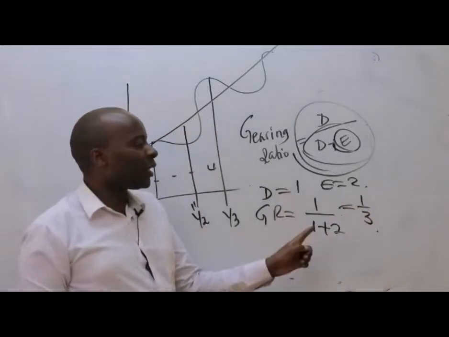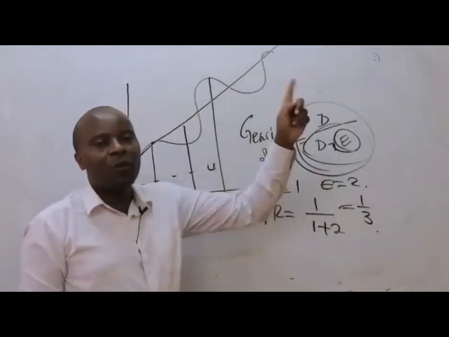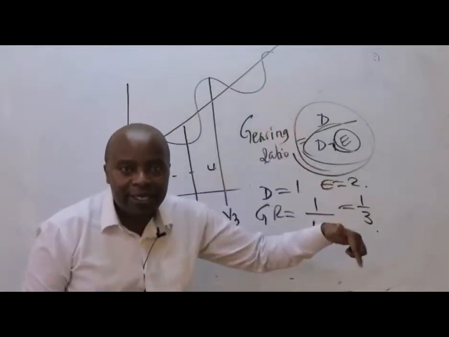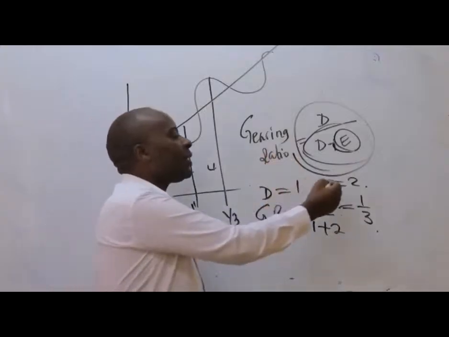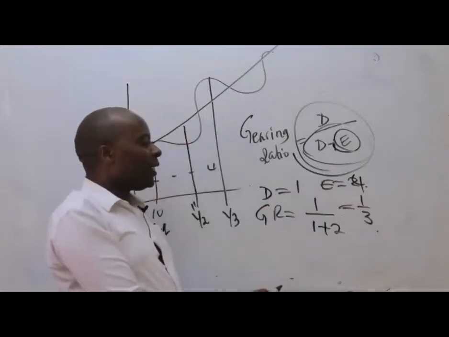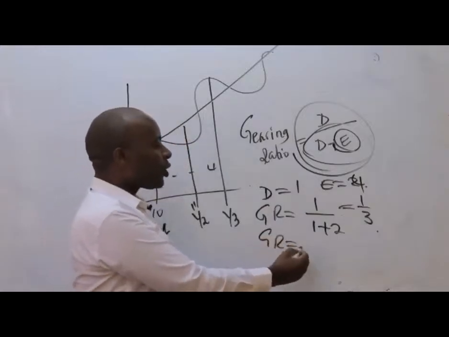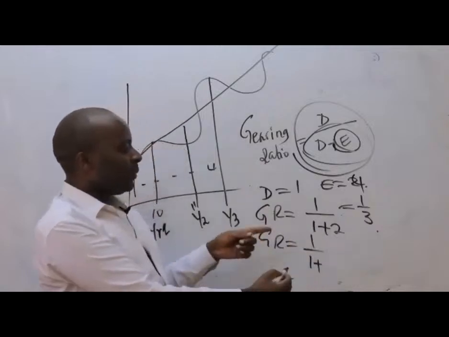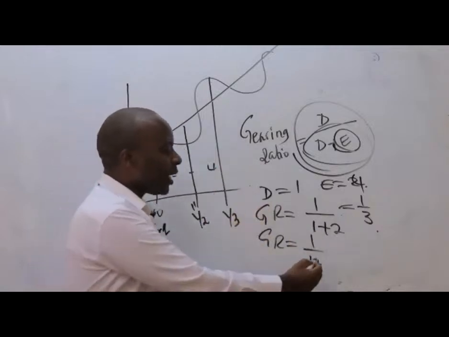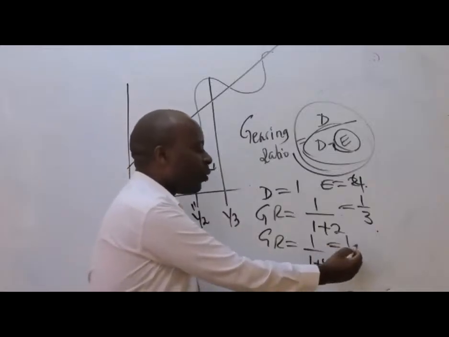Assuming, ladies and gentlemen, that I increase this equity by retaining my profits and of course by issuance of shares. For example, I take this equity to something like 4. It means that the new gearing ratio will be 1 over, the debt is 1 plus equity. Equity now becomes 4. So this will be 1 over 5.